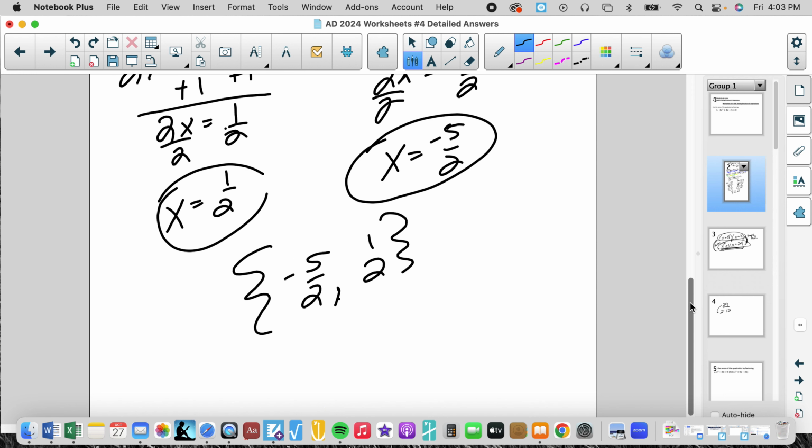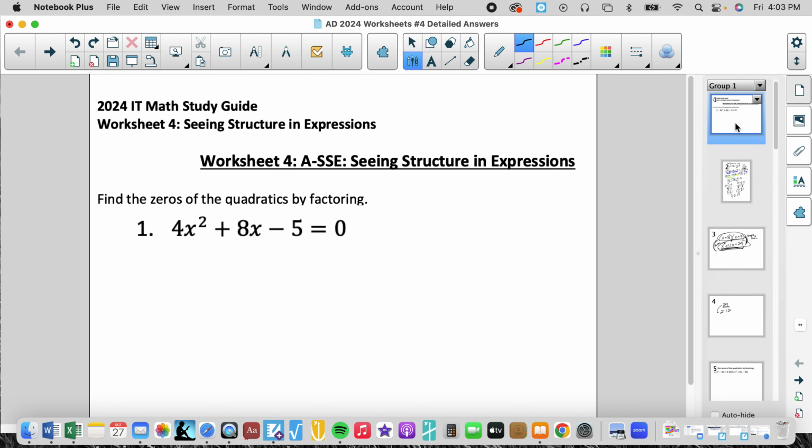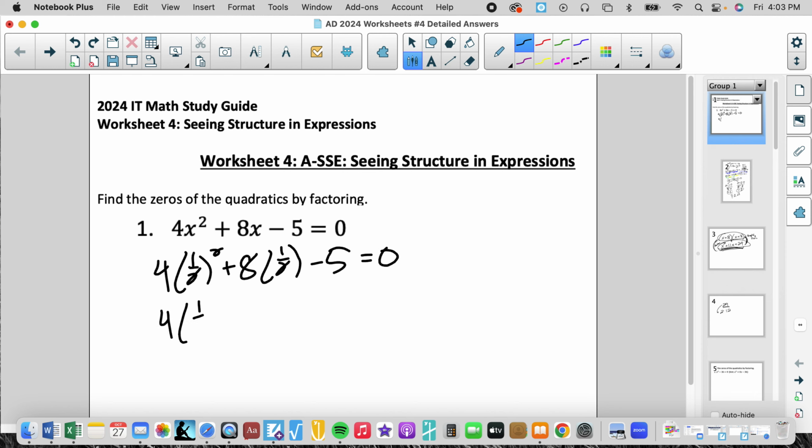So those are the two values. If we plugged it back into that starting problem, if we plug in 1/2, let's do it just to show you. 1/2 squared is 1/4. 8 times 1/2 gives us 4 over 2 in the denominator.